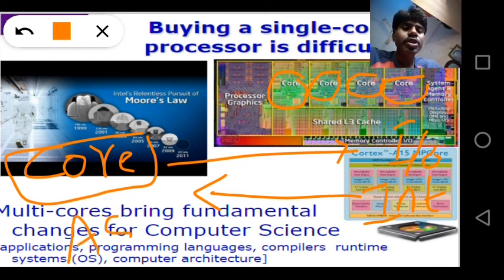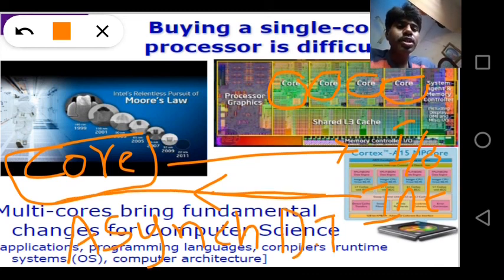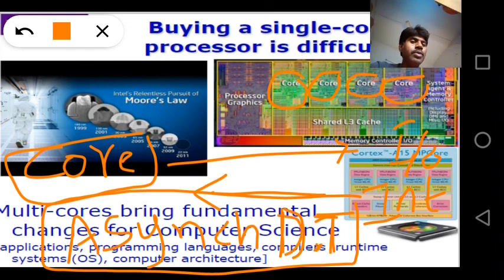So here the communication has to be asynchronous data transfer.